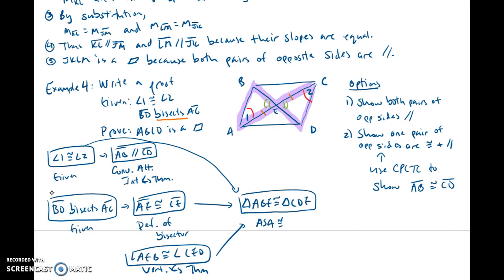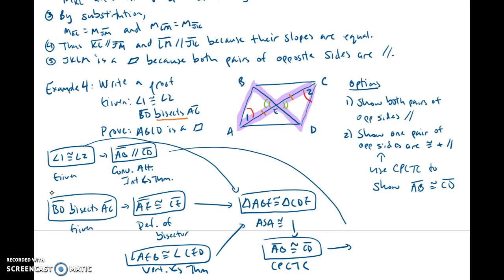And that was a lot of work, but we don't want to be done here yet because we're trying to prove that we have a parallelogram. So remember, I want to use ASA to then show us that AB is congruent to CD. Remember CPCTC, corresponding parts of congruent triangles are congruent. So now I have the same pair of opposite sides being both congruent and parallel.